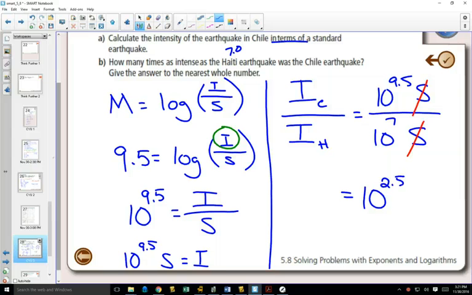So it's going to be 10 to the power of 2.5 times more intense. 316.2 times more intense than the Haiti earthquake. Give your answer to the nearest whole number. Well, I'll erase that too. 316 times more intense.